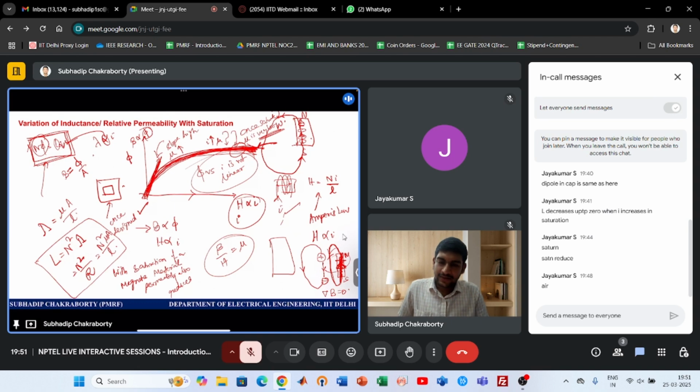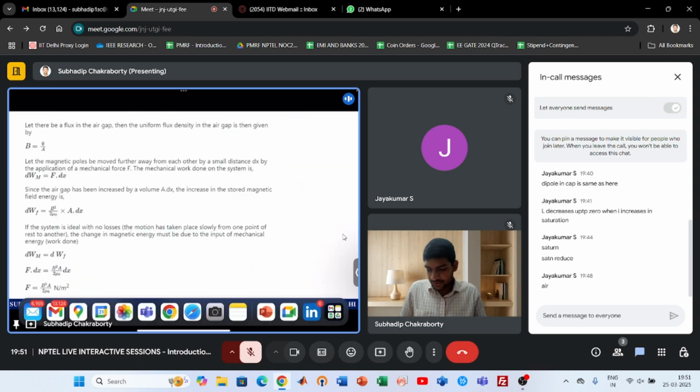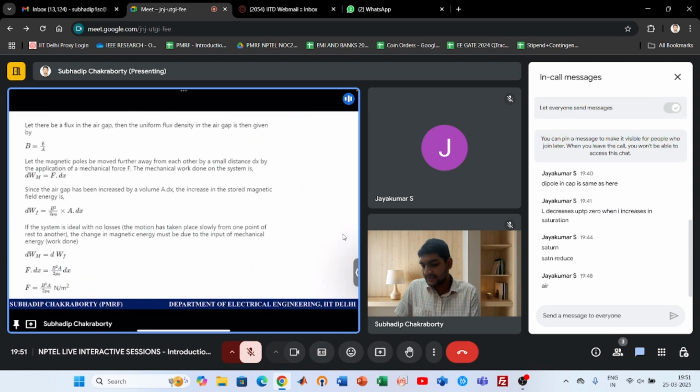So these are all the working formulas I have already explained to you. So B, you define as flux per unit area. Then I told you that work or energy is nothing but F dx, just the work-energy theorem, the definition of work.